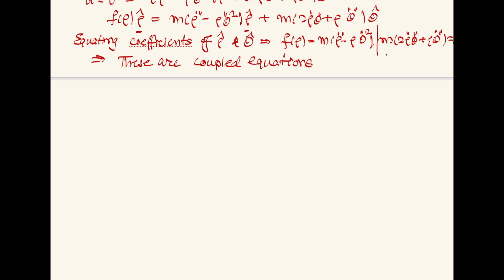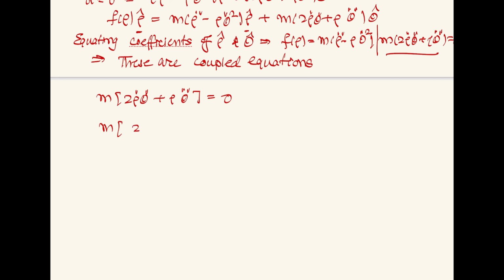So let us take a look at the second equation, which says that m times twice rho dot theta dot plus rho times theta double dot is equal to 0. That's the equation. Multiply both sides by rho. Then what do I get? m remains as it is. I don't want to throw it away yet.